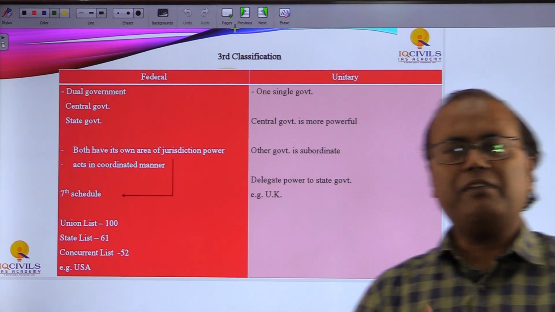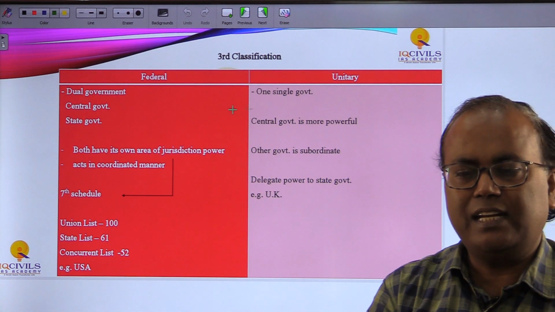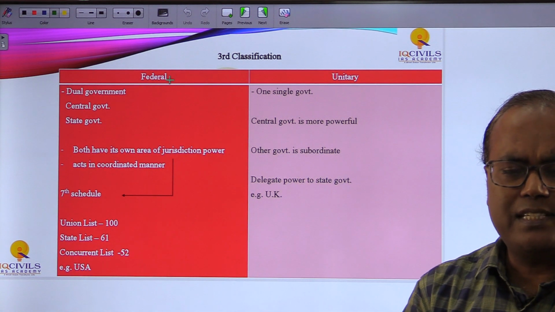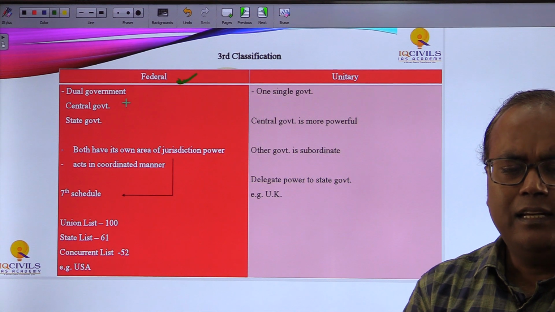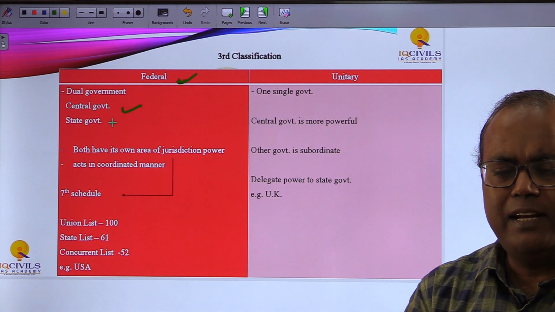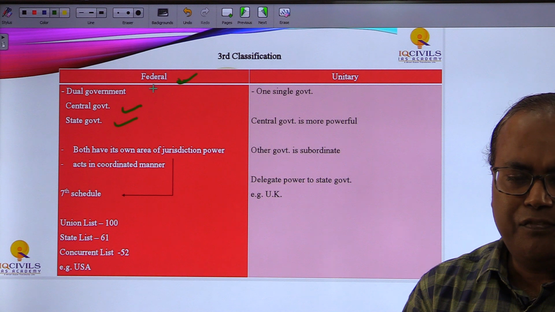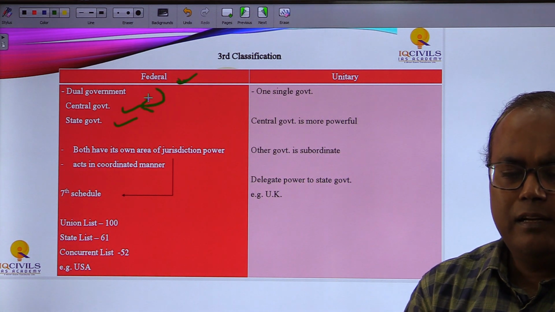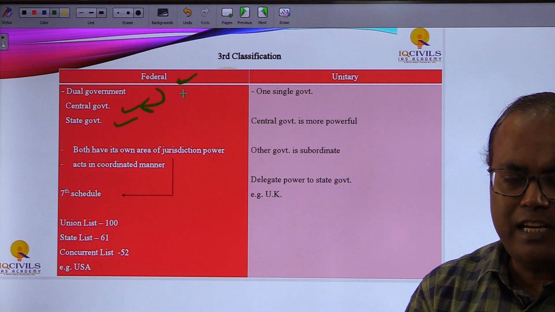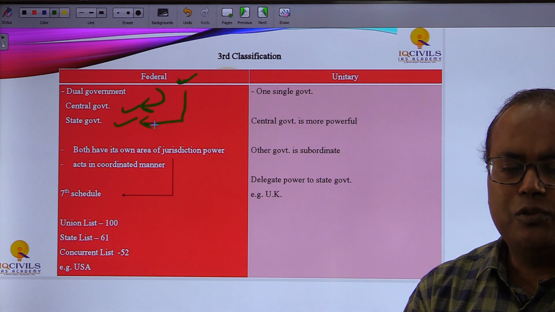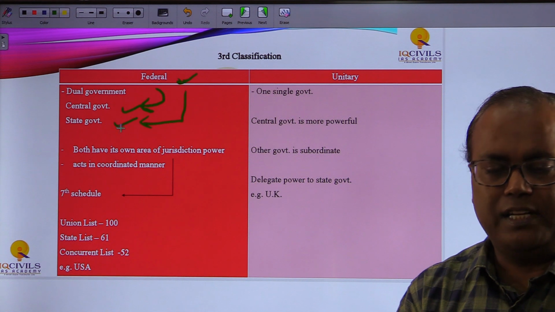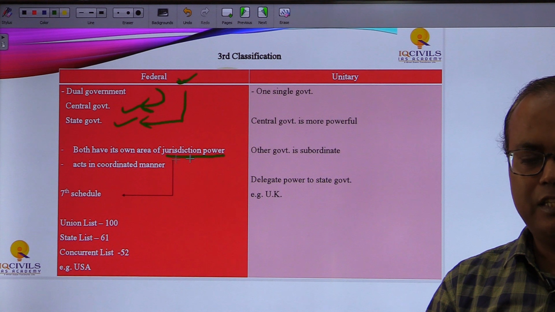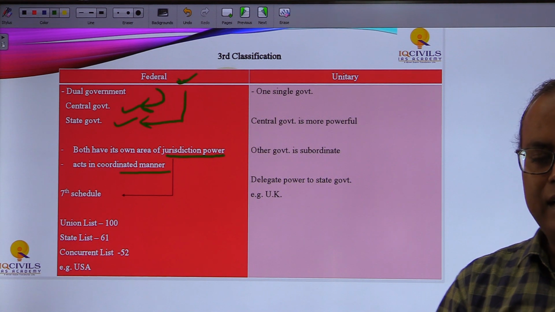Okay. Now we have another classification, that is federal and unitary. Once you say it is federal, then we have a dual government, at the central level and a state level. And in a federal constitution, the central government gets power from the constitution itself, and even the state gets power from the constitution itself. Both have their own area of jurisdiction, and they act in a coordinated manner.